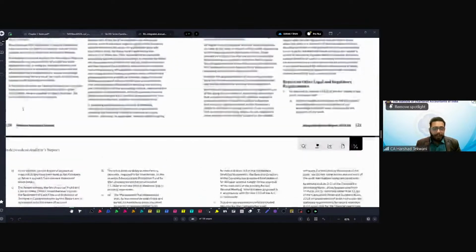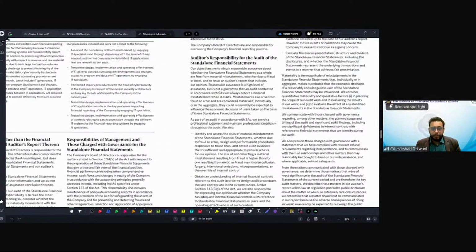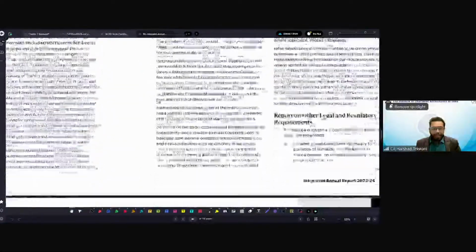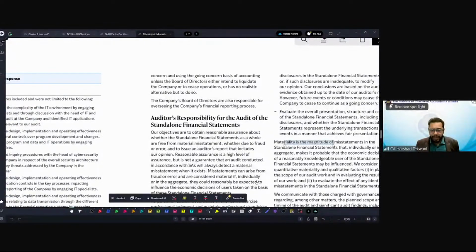Even when I talk about auditor's responsibility, they specify that, when there is a joint audit, this is the auditor's responsibility.